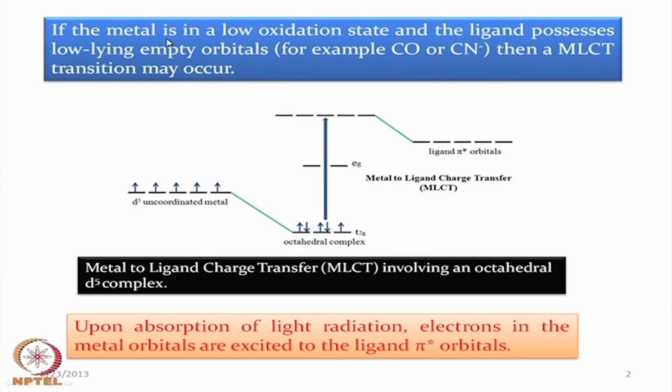So this is the main mechanism. So we can ask ourselves what the mechanism is for typical MLCT transitions. What we have seen in the other case is a different type of mechanism for LMCT transitions; now we have a completely opposite type of transition for the metal to ligand charge transfer.